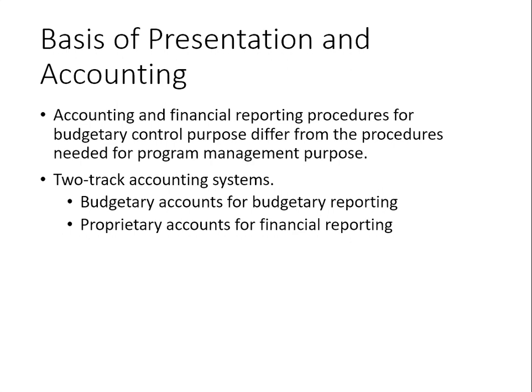Therefore, in federal government accounting, we need two-track accounting systems. One, we have the budgetary accounting. So the budgetary accounts are for budgetary reporting purposes. We also have the proprietary accounts, which are for financial reporting purposes.